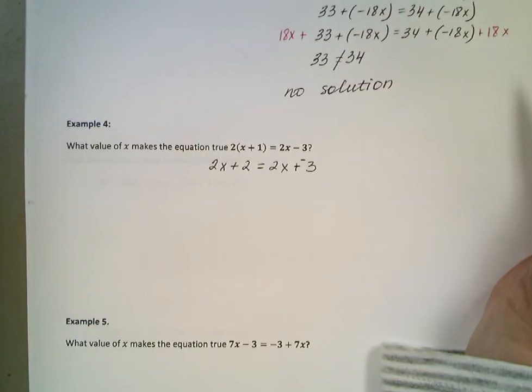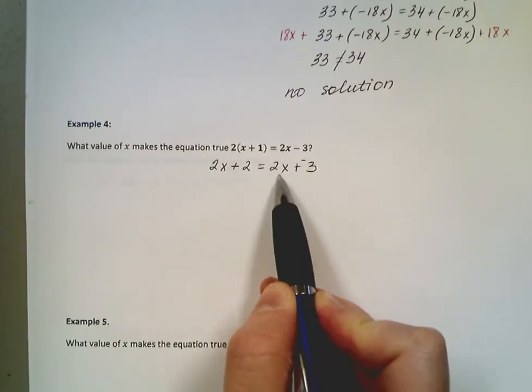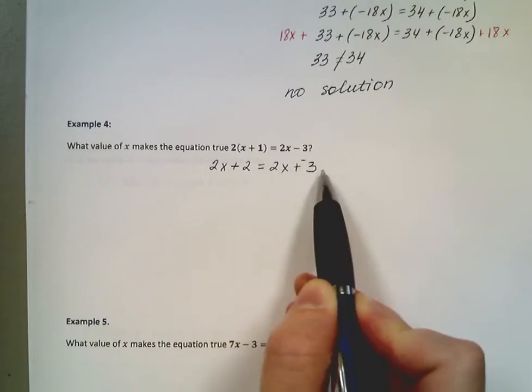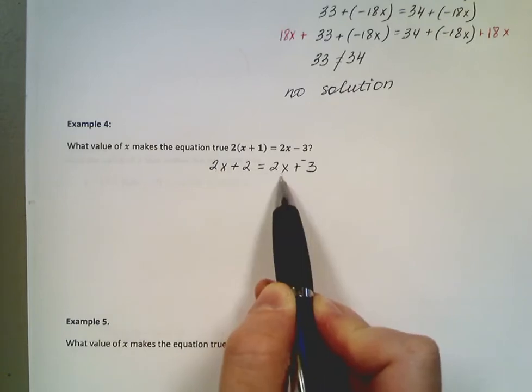If we look at example 4, we see that there is 2x on both sides. And it doesn't matter which one I'm going to move. It's going to move with the opposite sign. So it will be minus 2x on both sides. We will have 0 on both sides, no matter which one we move.